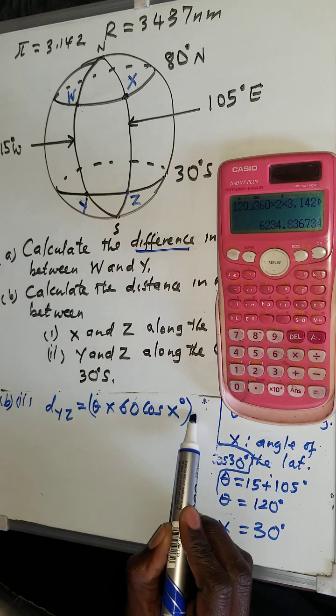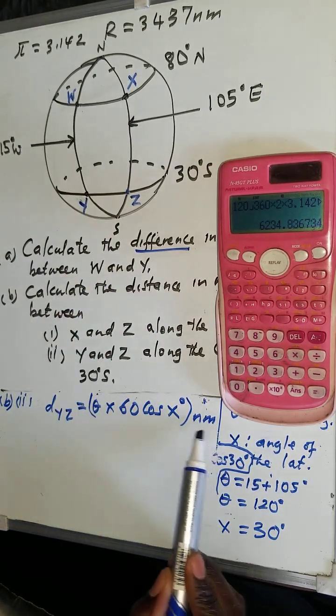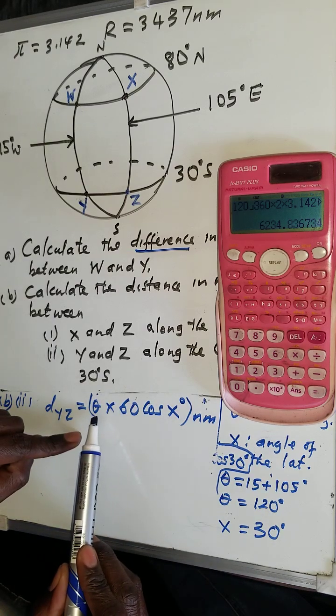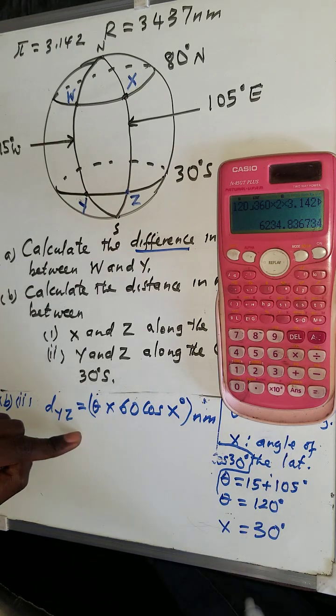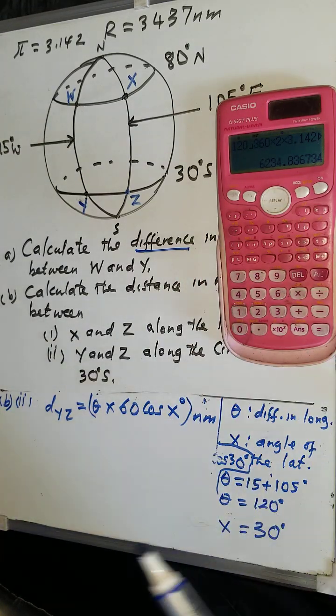This is only true when you're calculating your distance along the latitude. As long as it is in nautical miles, you can apply that. Remember, my theta there is still representing the difference in longitude. My x is representing the latitude.